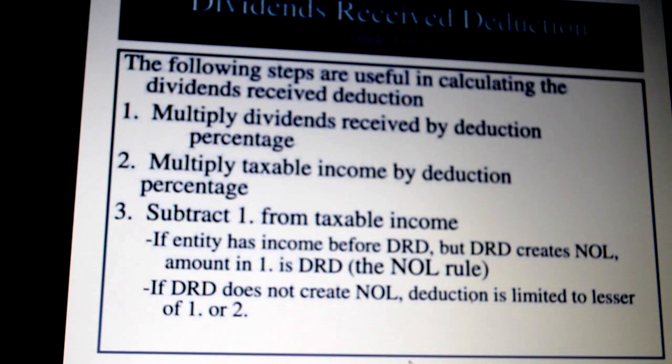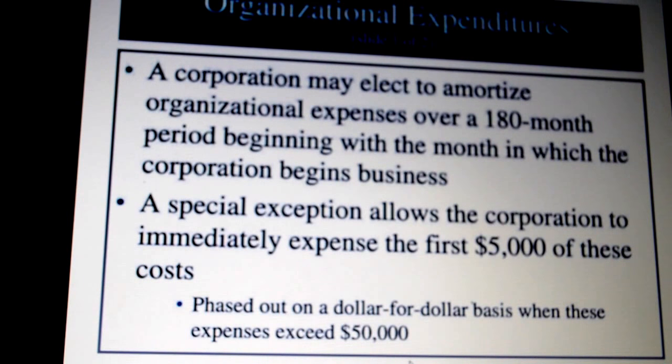If the entity has income before the dividends received deduction, but the dividends received deduction creates a net operating loss, the amount in 1 is the dividends received deduction. If the dividends received deduction does not create a net operating loss, the deduction is limited to the lesser of 1 or 2.